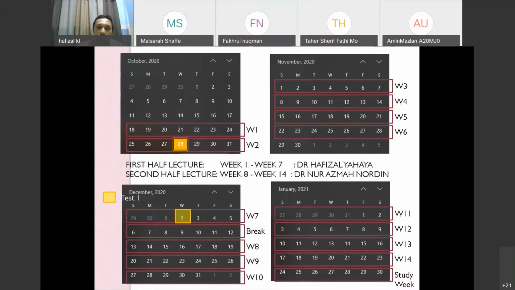Some of you may not be available due to bad internet connection. Some of you are international students who are not staying in Malaysia, already in your own country, so there is a time difference and you cannot join face to face via synchronous online.